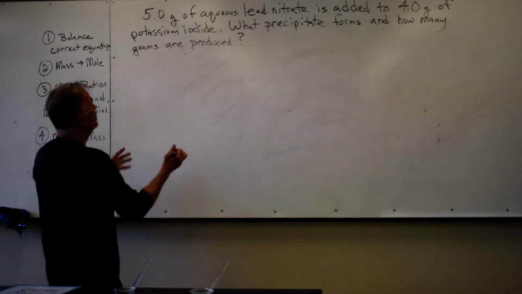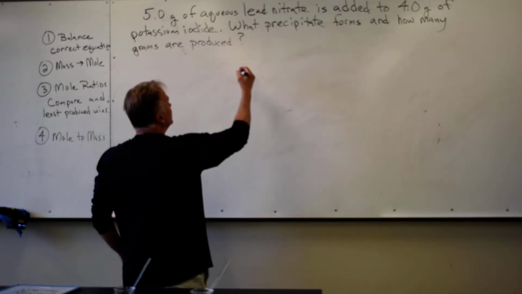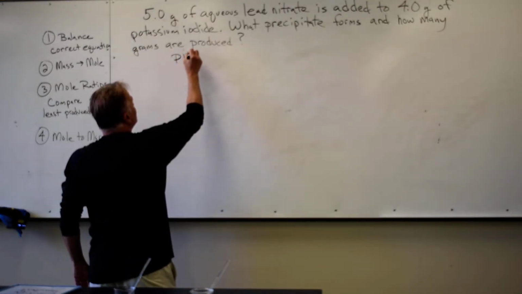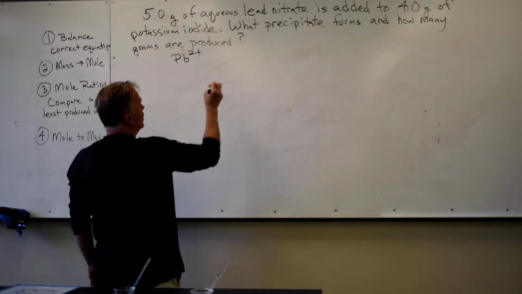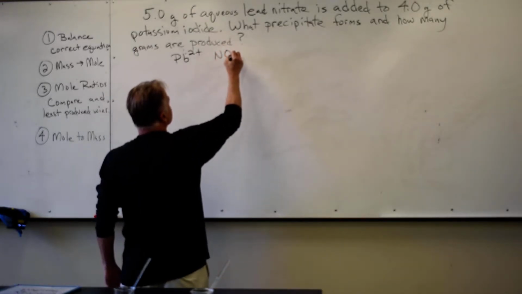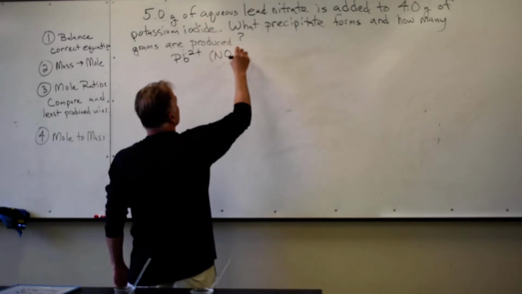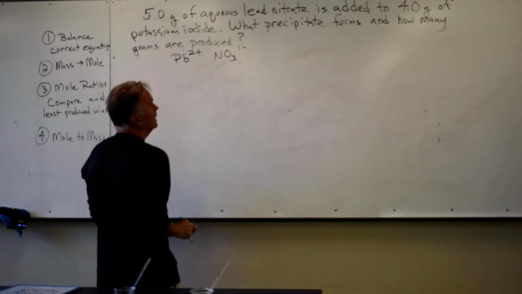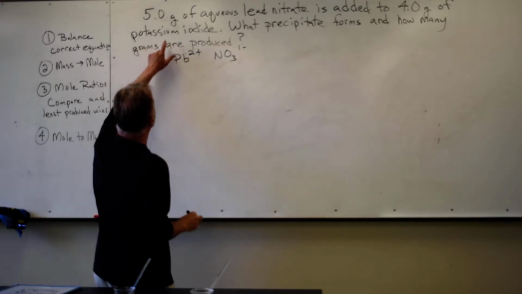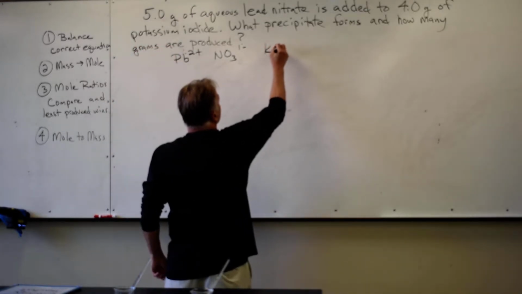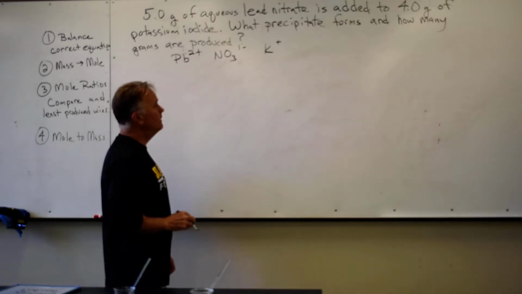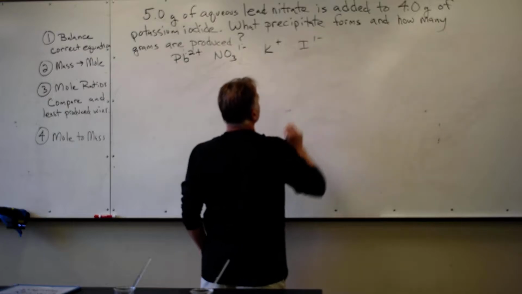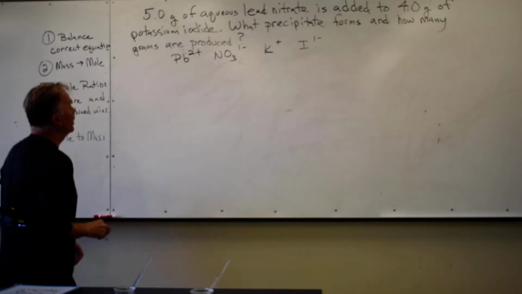Looking at a periodic table, we know lead is Pb with a 2+ charge. Nitrate, or we can look it up, is a polyatomic ion with a 1- charge. Potassium is an alkali metal, 1+ charge, and iodine is a halogen, 1- charge. So that way you can write the correct formulas.